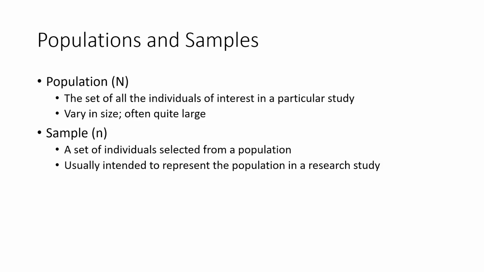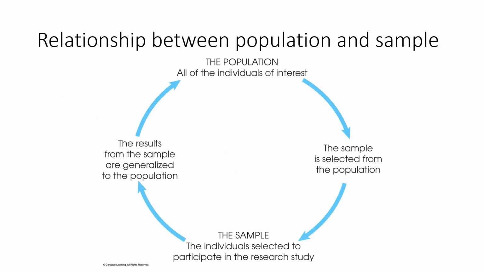Now, we're going to touch on this more in future modules, but it's important that we emphasize again that this sample has to be representative in order for us to draw that conclusion, that that sample represents the population. This is a schematic of how the relationship between populations and samples typically works. The population is, again, all the individuals of interest.